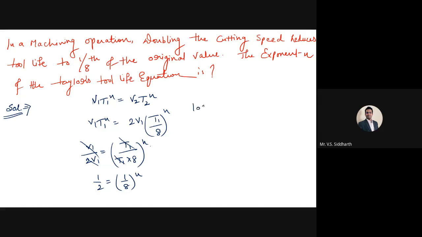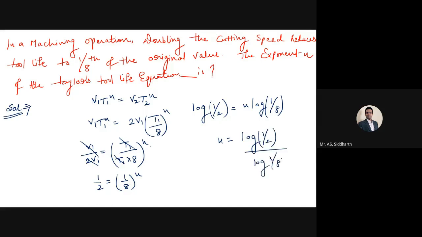Now taking log, log 1 by 2 equals n log 1 by 8. So n equals log 1 by 2 divided by log 1 by 8. So you will be getting 1 by 3, n equals 0.33.